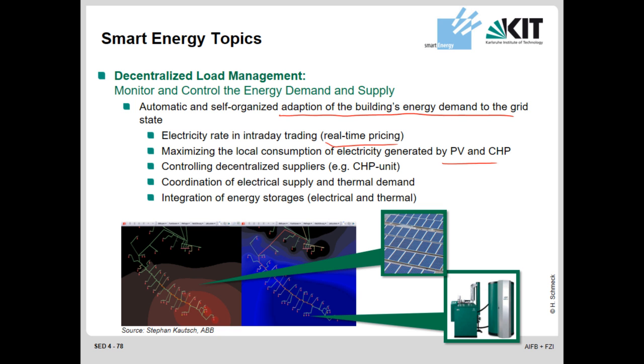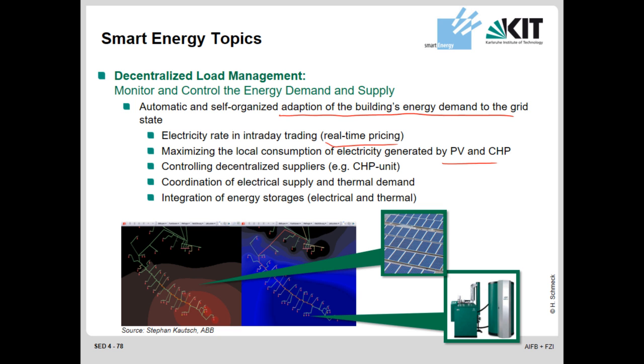If we put storage into the grid, we should use the storage in a way which is sensitive to the grid, and which is useful for the grid. And this would mean that the batteries are used in a different way under different objectives than under the objective to optimize the self-consumption in a house.